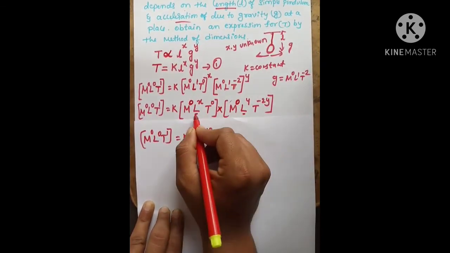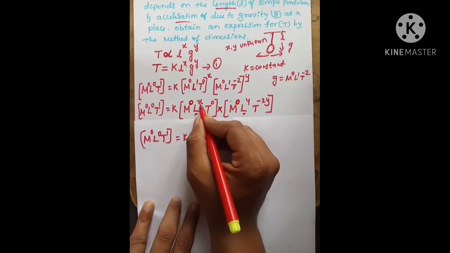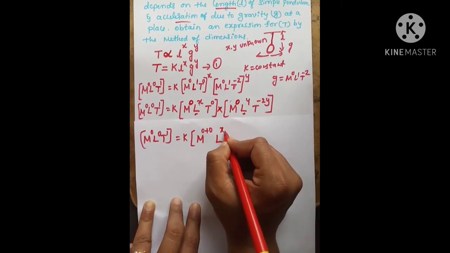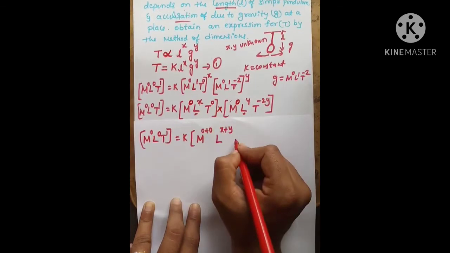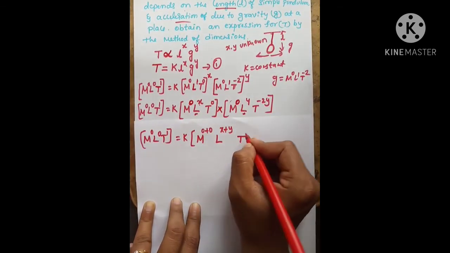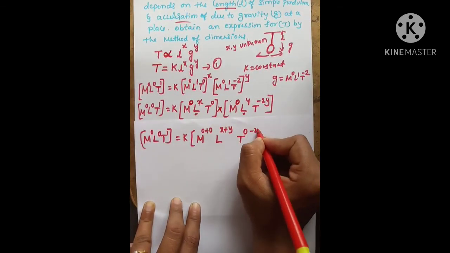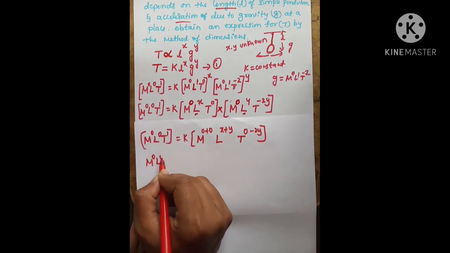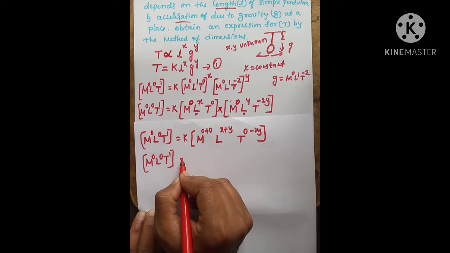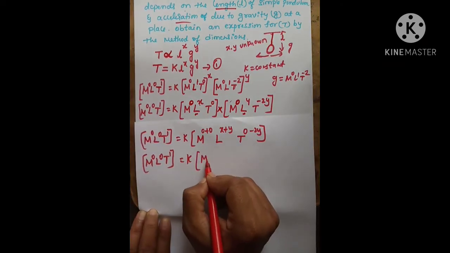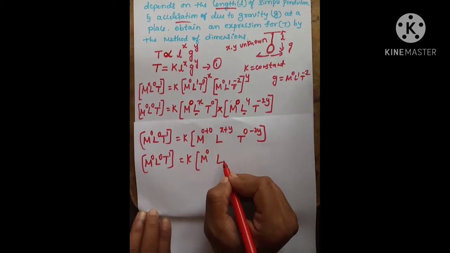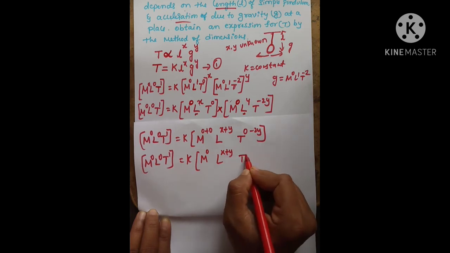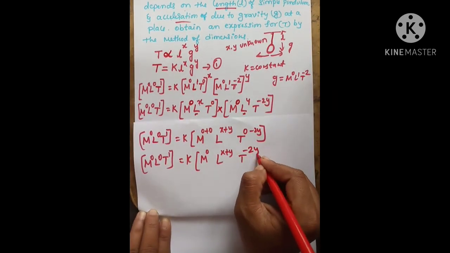If bases are same, L is there, therefore x plus y, add the powers. If T is there, here also T, t to the power of 0 minus 2y. Then the next step is M^0 L^0 T^1 is equal to k into M to the power 0 plus 0 is 0, L to the power of x plus y, T to the power of 0 minus 2y is minus 2y.